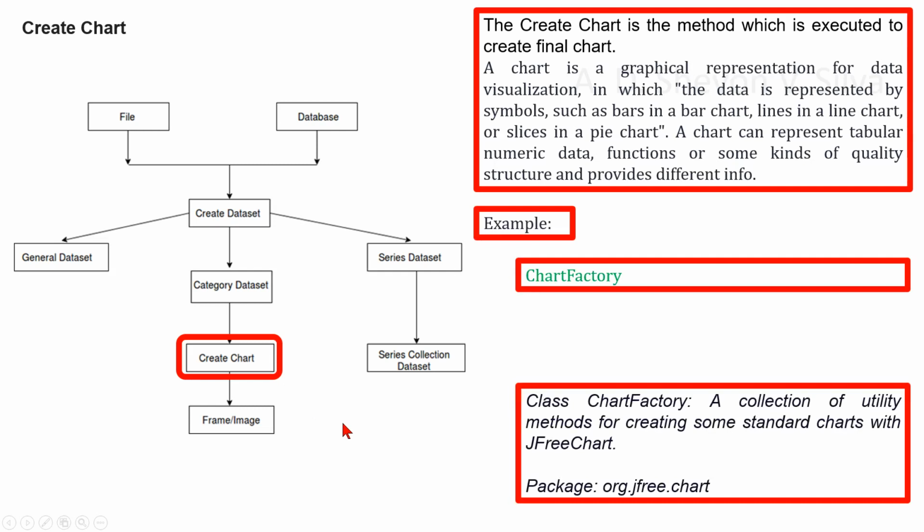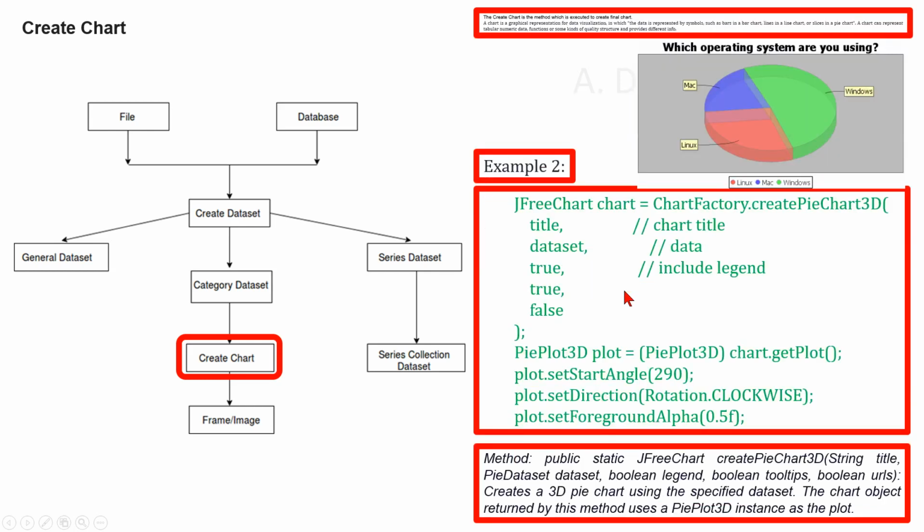As an example, we can consider class ChartFactory, a collection of utility methods for creating some standard charts with JFreeChart. This class is in the org.jfree.chart package. As an example too, we can consider this code segment.